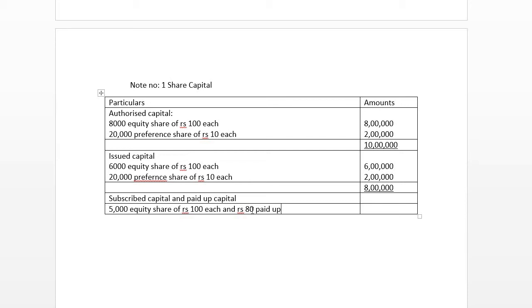Therefore 5,000 into 80 is equal to 4 lakh, the amount of paid up capital with regards to equity. Then later, out of the issued preference shares, assume that the 20,000 are subscribed and that too fully paid.